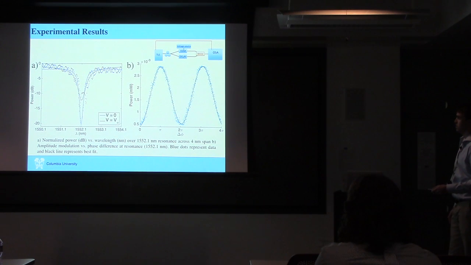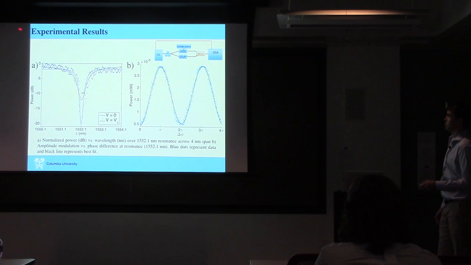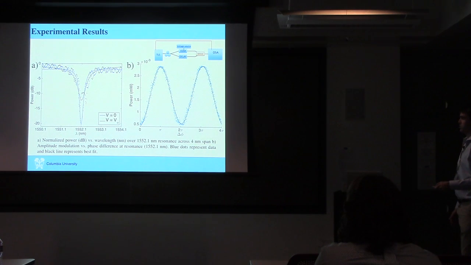And then we moved to wavelength sweeps where we used an OSA to sweep over one of the resonances. So we would sweep over the resonance at V equals 0, and then we would immediately switch to V pi.